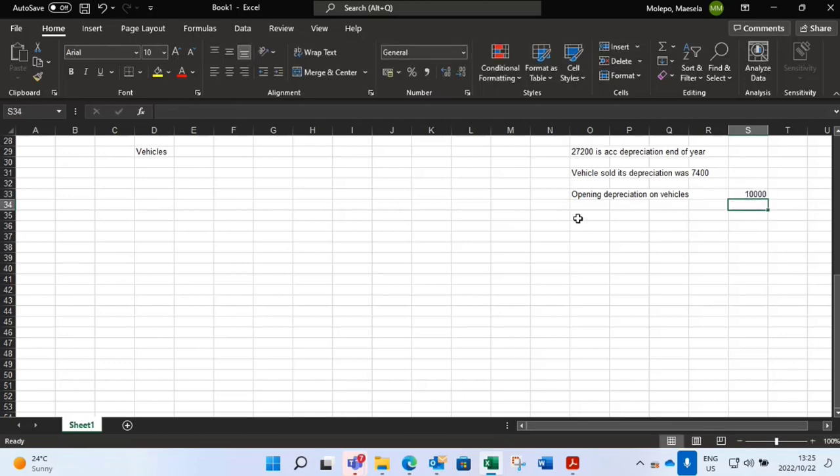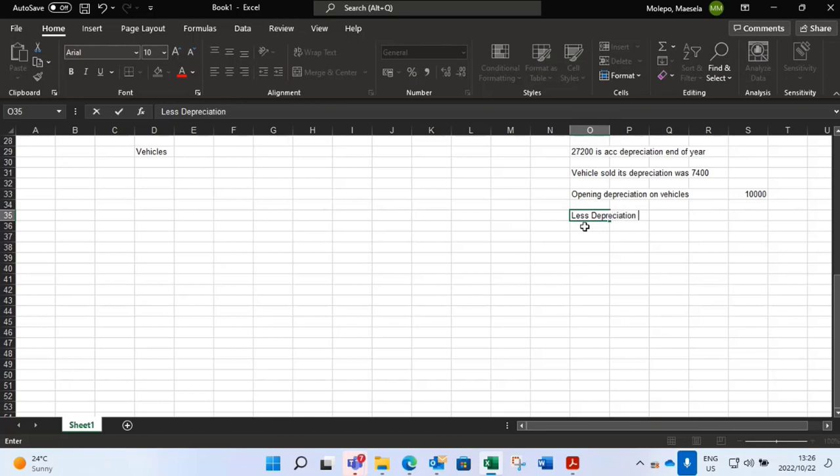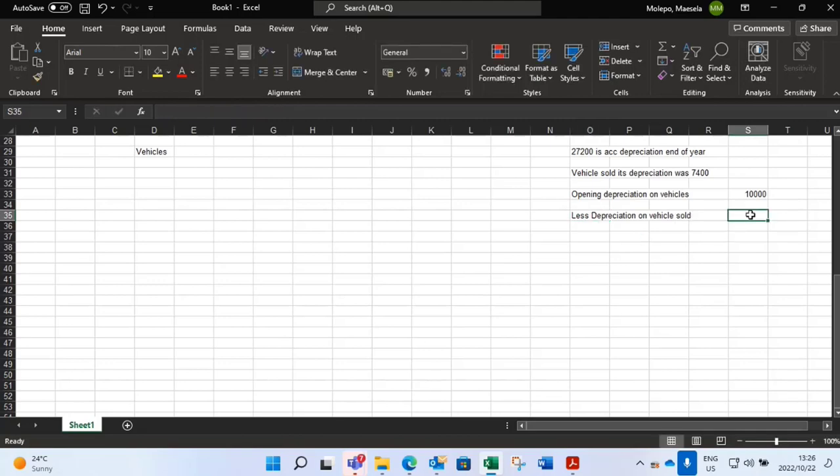We happy? Then we less depreciation on vehicle sold. Depreciation vehicle sold is how much? The one which was written off 7.4, right?